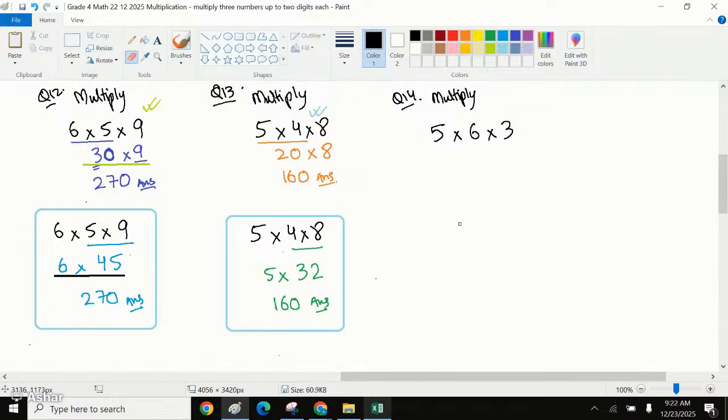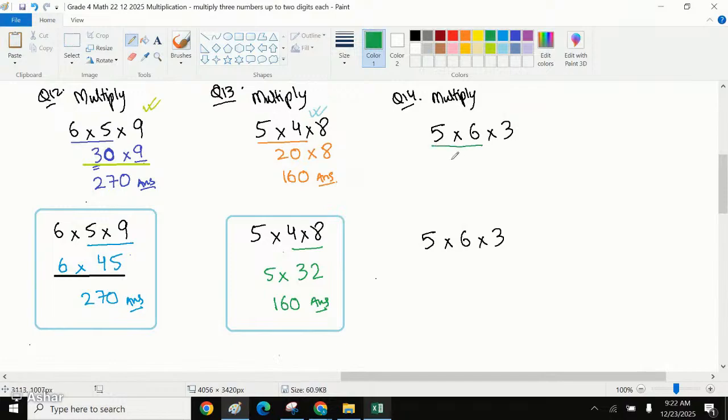If we need to multiply these numbers together, we can do it either way, right? So we can do either way. We can say 5 multiplied by 6 multiplied by 3, or we can do 6 multiplied by 3 and then by 5. So let's try the first one.